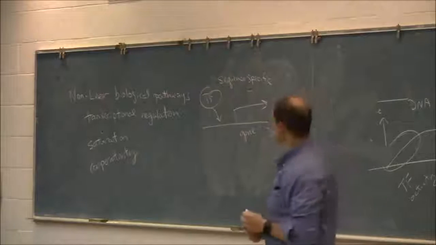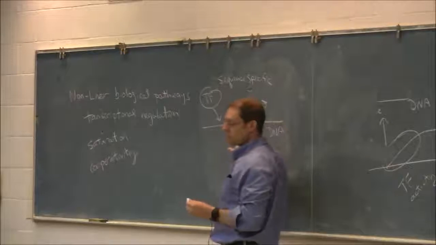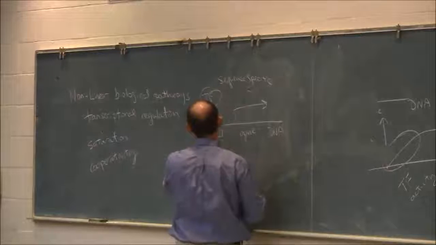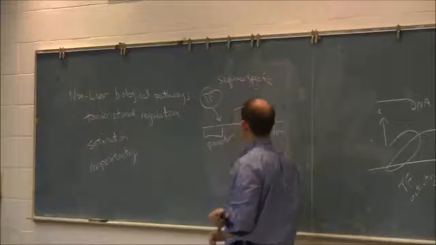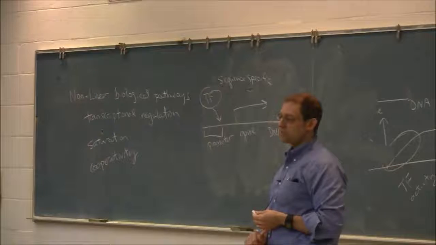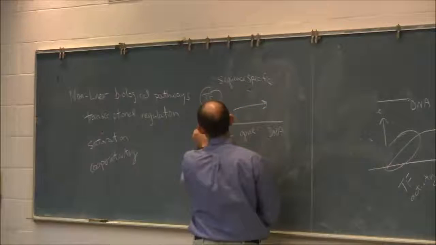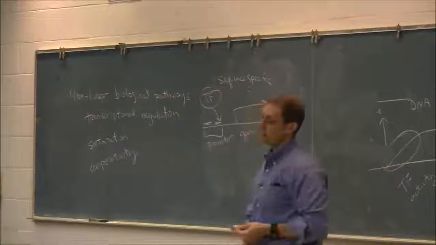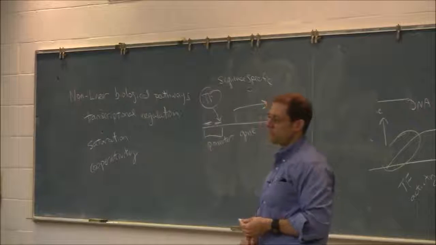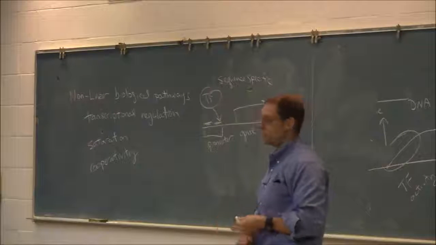So genes upstream of the protein coding region have a promoter, and the promoter includes specific sequences called regulatory elements that are recognized by transcription factors. They're called regulatory elements because they regulate the expression of the gene.